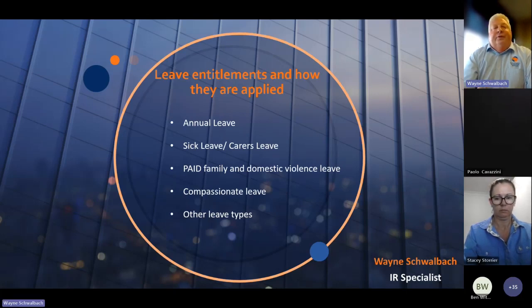Probably one of the most important points for you as employers is that should you have an employee that needs to access that family and domestic violence leave, you do not highlight it on their payslip. You would pay them just as per normal as part of their 38 hours a week, plus any entitlements. In the background somewhere, you need to record that they've taken their 2 days or 3 days, however much it is, but you're not allowed to record it on their payslip.